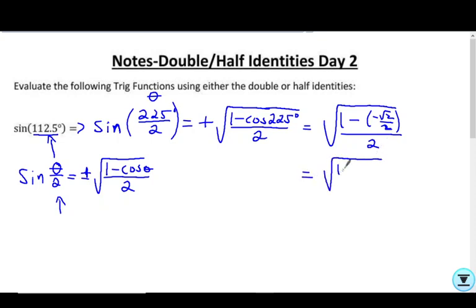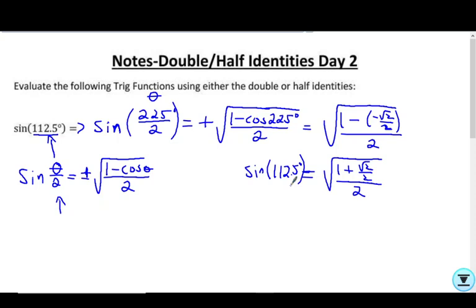Or 1 plus root 2 over 2 over 2. And that's it. That is the sine of 112.5 degrees. That's all there is to it. Okay?